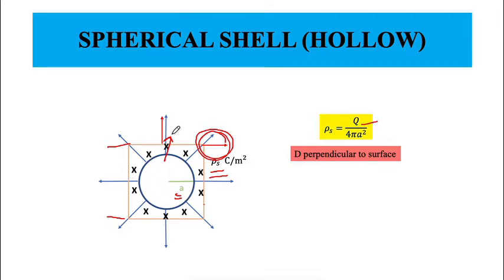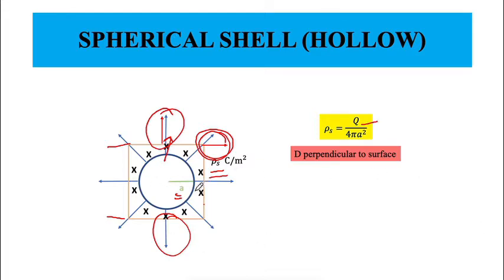Here D is perpendicular, but such a line is only one, and probably on the bottom side there will be one. So evaluating Gauss law over such a surface becomes mathematically tedious, and that actually defeats the whole point of using Gauss law.